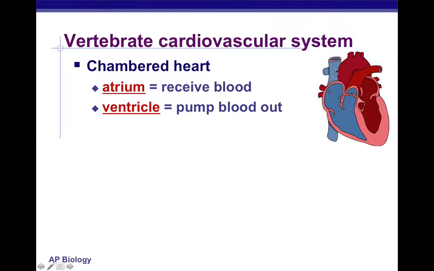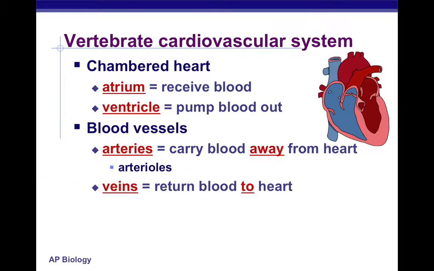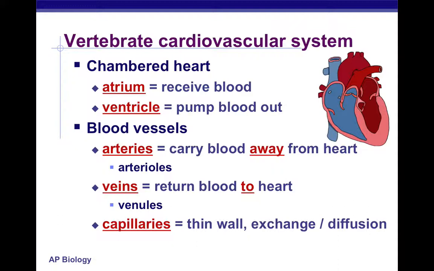These sections receive the blood, and ventricles pump blood out. The circulatory system also consists of blood vessels, and we'll talk more about arteries, which become smaller and become arterioles. We'll talk about veins, which when they become smaller, become venules, and we'll talk about the capillaries, which are the smallest.